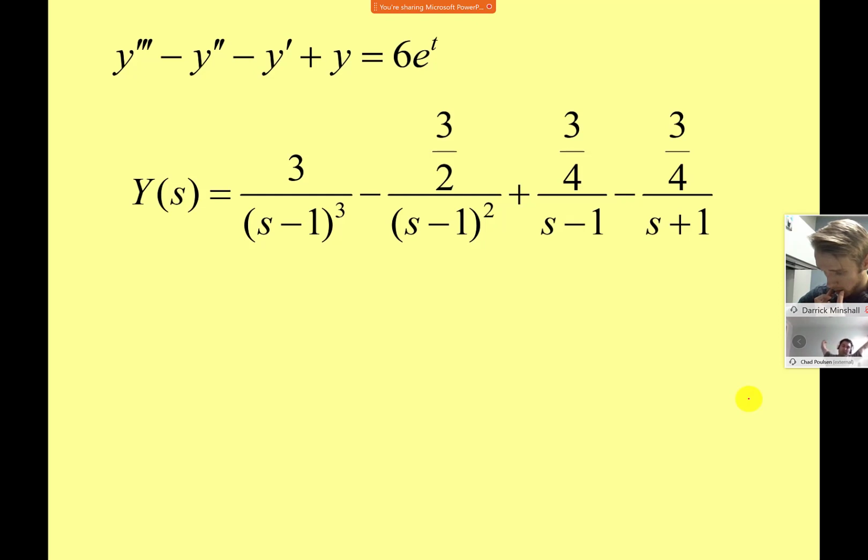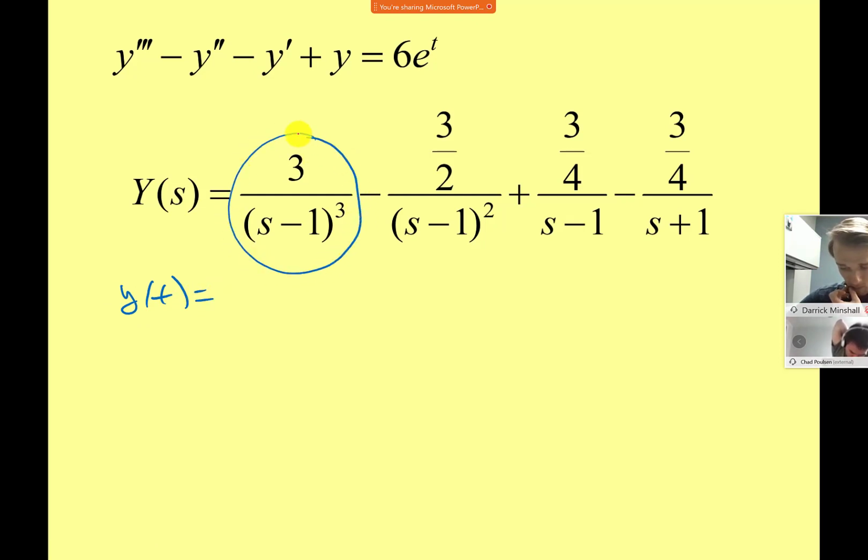We're ready to come back into our world and inverse transform it. We can do it a term at a time. We've got a couple things going on here. So the first thing is we got y of t on the left hand side. Okay, this one involves the first shifting theorem.